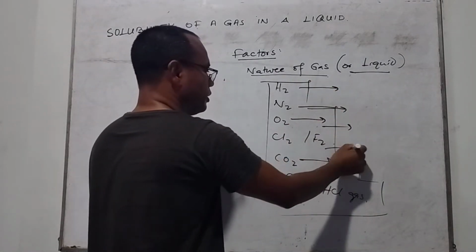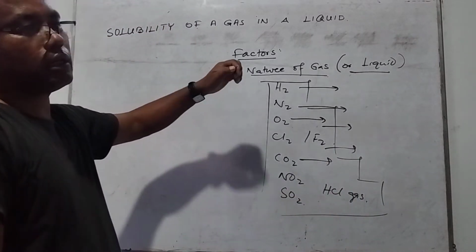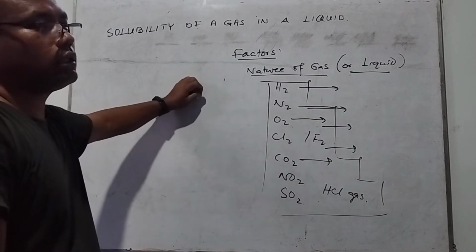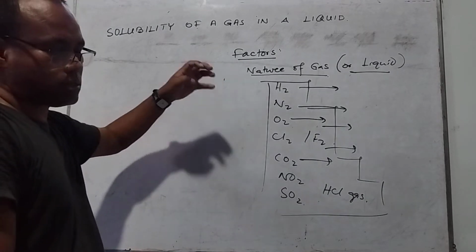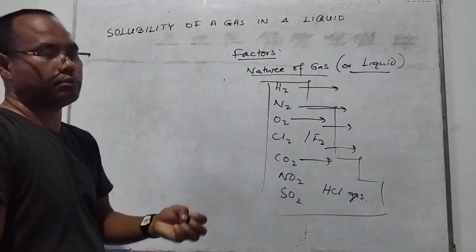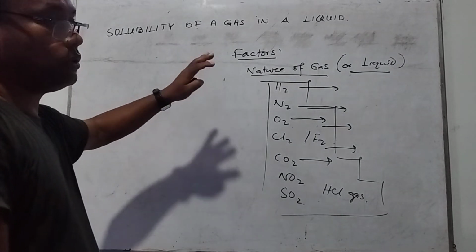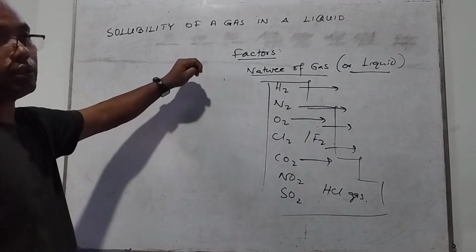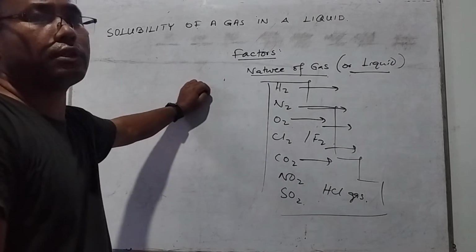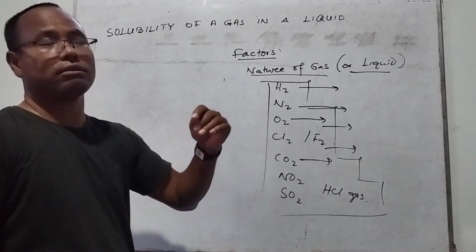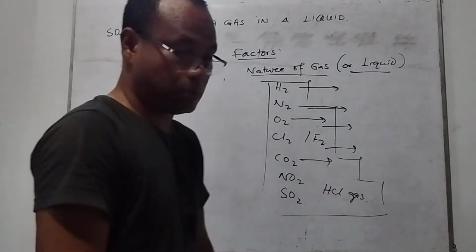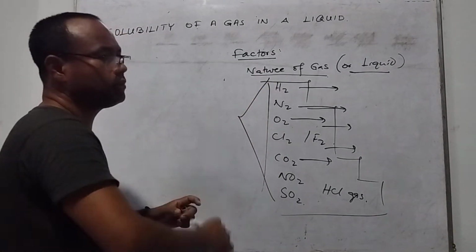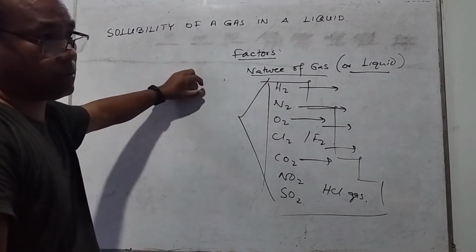If there is an interaction between the gas and the liquid, that gas can dissolve in the solvent very easily, and a gas which does not interact with the given liquid is difficult to dissolve in that liquid. That is very common sense we must understand. Beside that, let me give you a simple concept here.